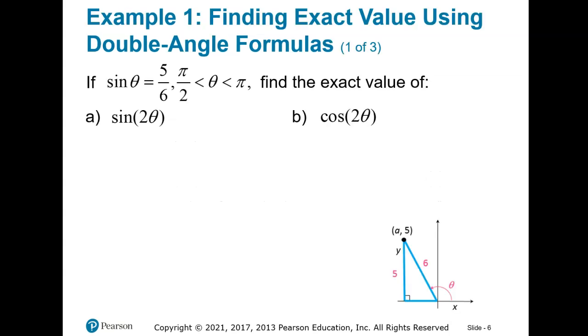Now, when we are using a double angle, it's because we are given some information about the original angle. So if you look here, we are between pi over 2 and pi radians, which is 90 degrees to 180 degrees. So that's quadrant 2. If we double those angles, we could land in quadrant 3, or we could land in quadrant 4. It just depends on what angles we double.